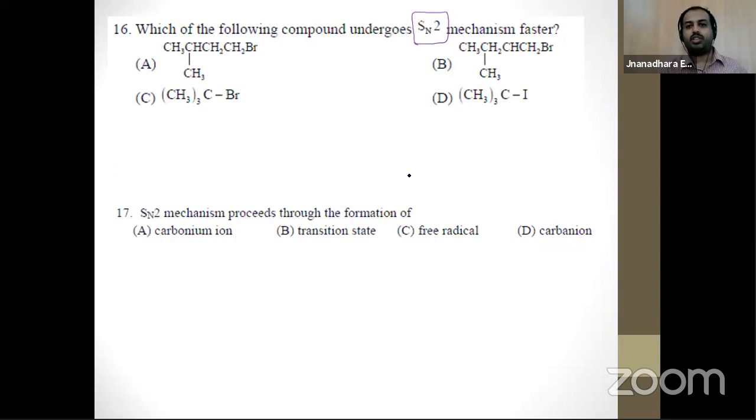Now dear students, there is a small change you need to make. Apologies from my side. Shift this CH3 here. It's a printing error. This CH3 should be here. Now please try to give the answer. Let me see what the responses are. C is suggested by the majority of you.